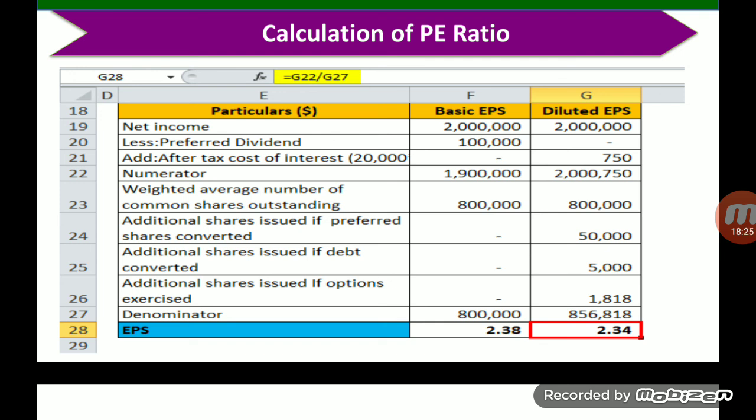If we calculate basic EPS by dividing net income by the number of shares, we get 2.38, and in the case of diluted earning per share, we get the value 2.34. So diluted earning per share comes with a lesser value than basic earning per share.